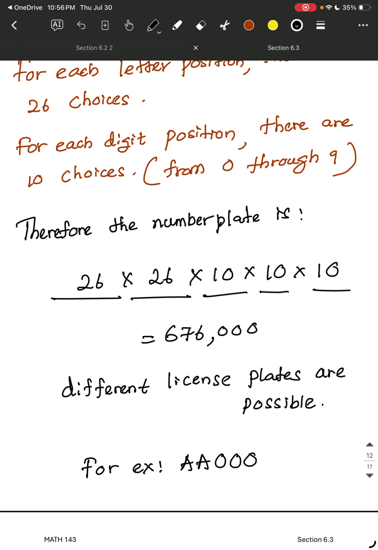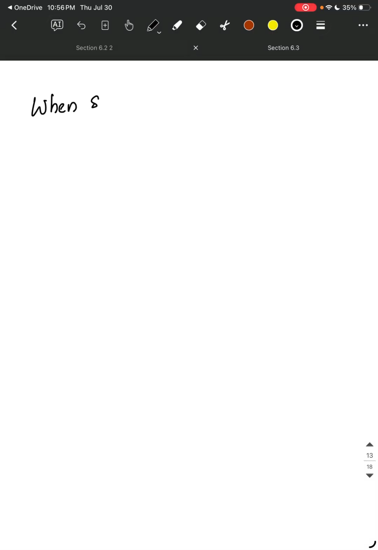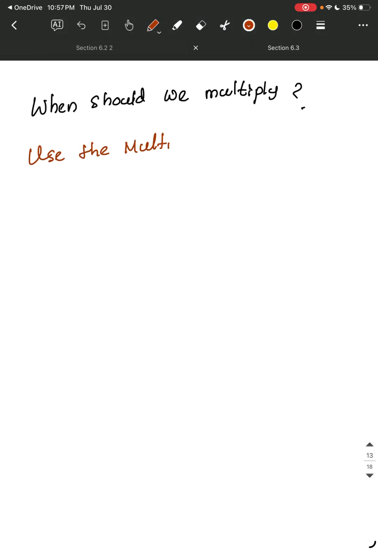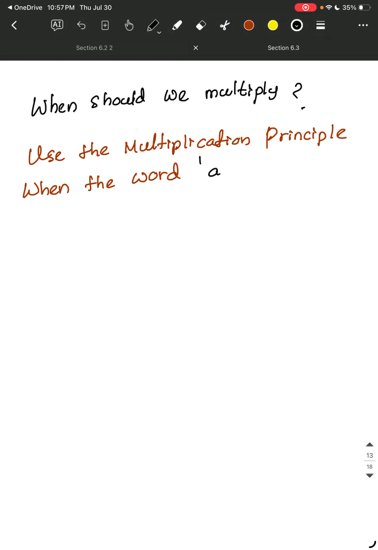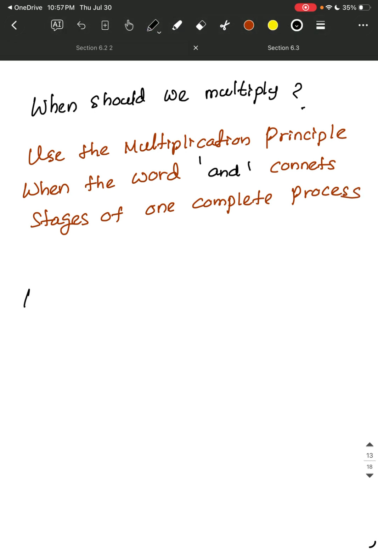Then, when should we multiply? Use the multiplication principle when the word and connects stages of one complete process. For example, choose a shirt and pants.